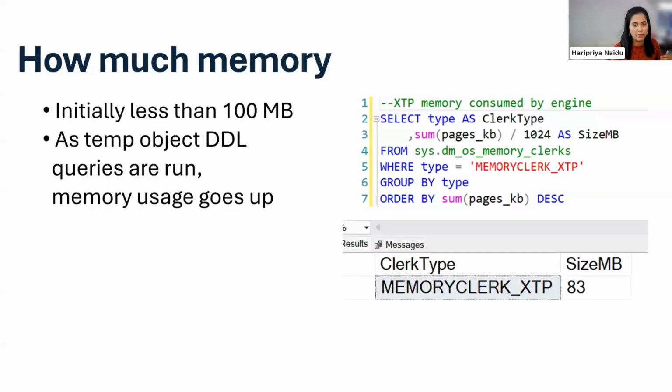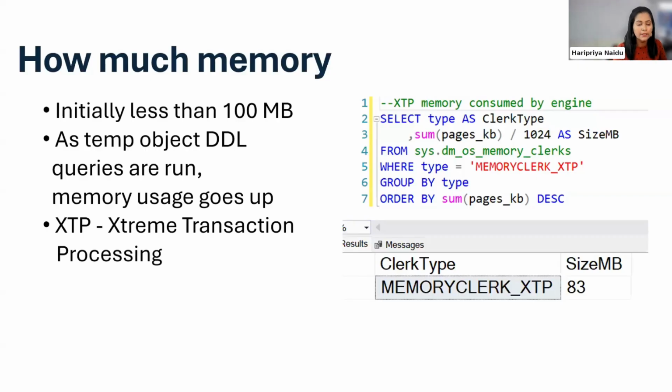The usage, from 100 meg, you could see going to 200, 500, a gig, and more than that. And we have the label here, memory clerk _ XTP. XTP is extreme transaction processing. So to check out the memory that's used by this feature, this is the label we will be checking, memory clerk _ XTP.